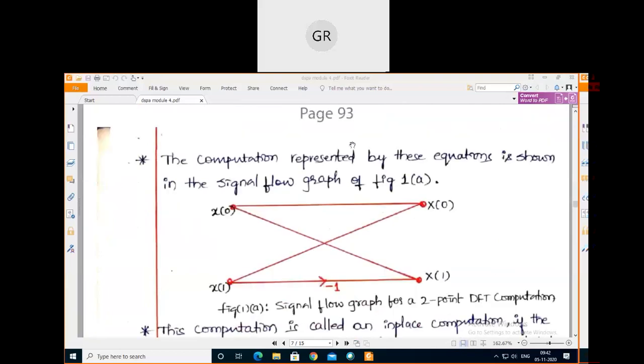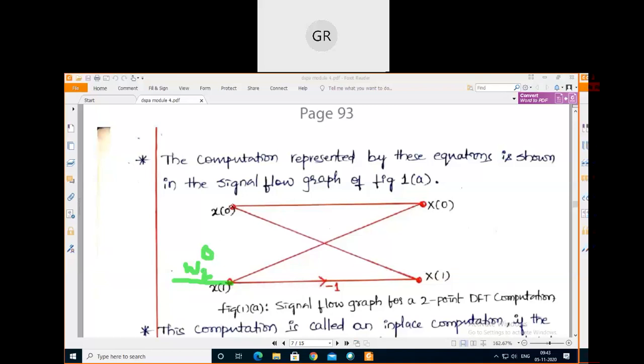Here in the butterfly structure, we can extend and write W2 raised to 0. X of 0 is equal to x of 0 plus W2 raised to 0 x of 1.